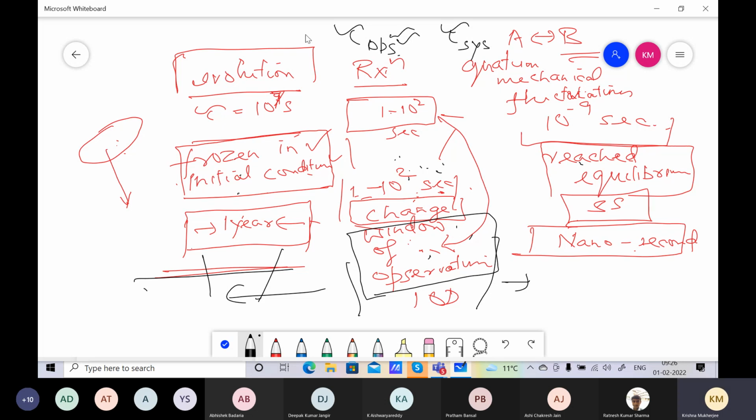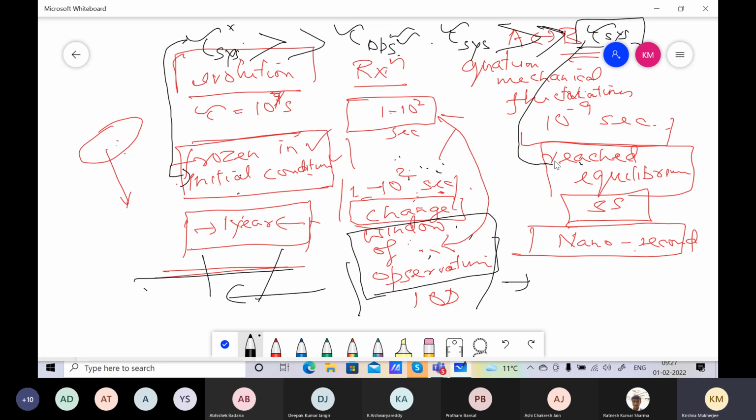If the window of observation time is far less than some other systemic change, this system change will be treated as frozen in initial condition. And if your window of observation T observed is much larger than another T system, then this other system will be seen as having reached equilibrium or steady state. So it is only this section that you really need to model.